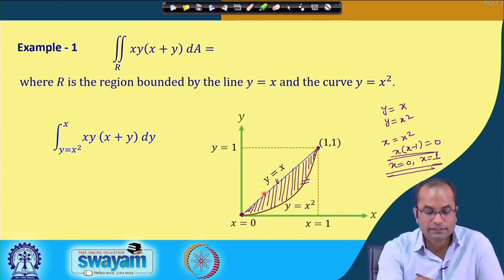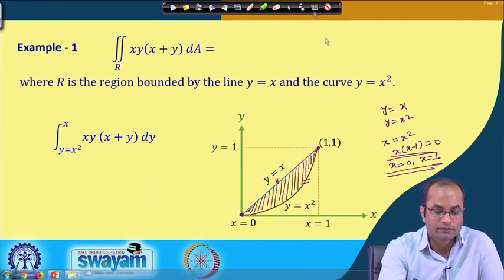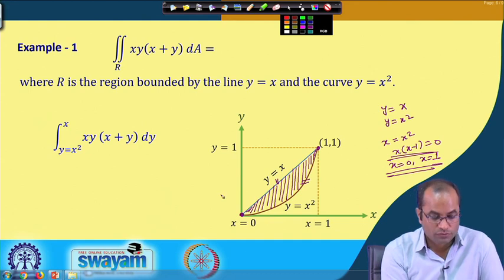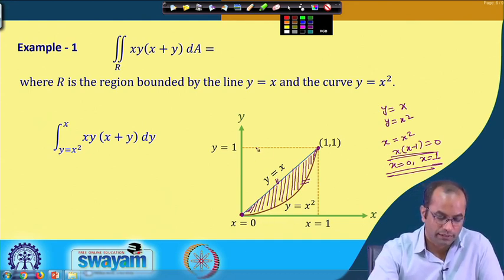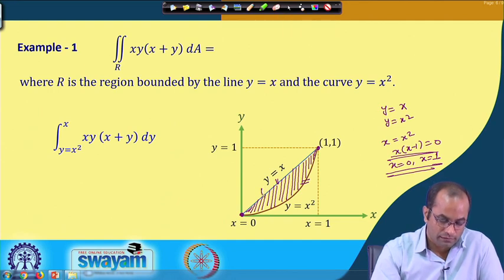While taking the integral with respect to y, we will draw a line here parallel to the y axis. So, this is the line.